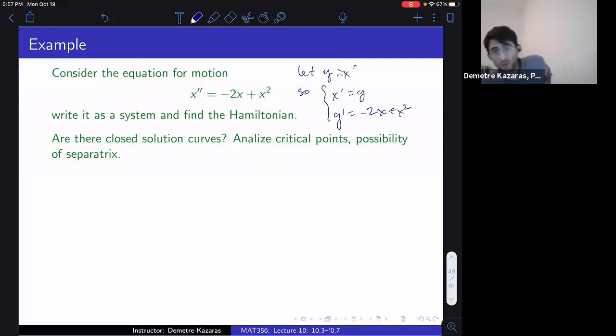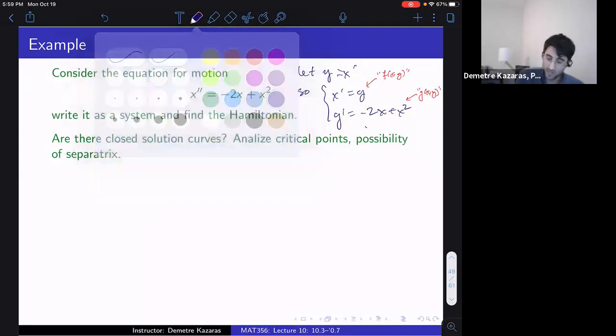Okay, so now we want to figure out, is this Hamiltonian? So what should we do? Well, in the notation from before, this thing is like f of x,y, and this thing here is like g of x,y.